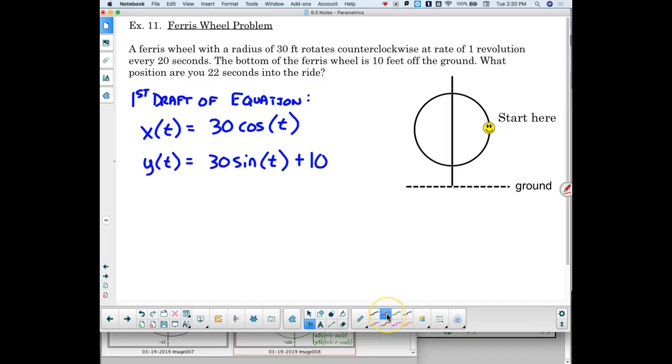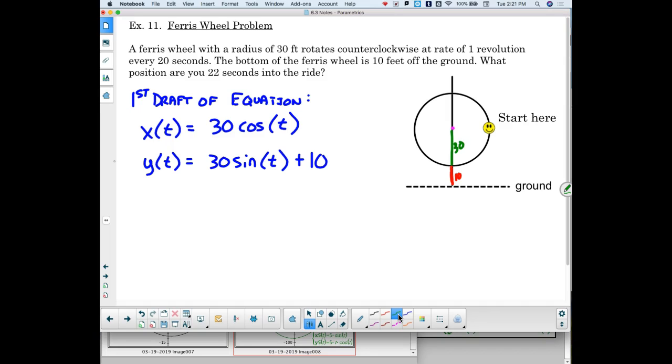Okay, so this distance right here is 10, right? But where's my center? 30 more up, right? Because the radius here was 30. So I don't like the plus 10.